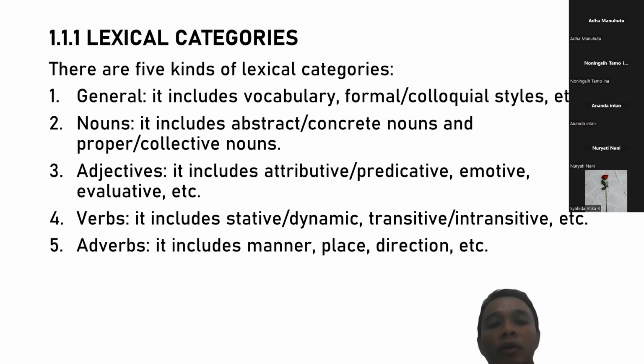And it also includes vocabulary that depends on your social status.